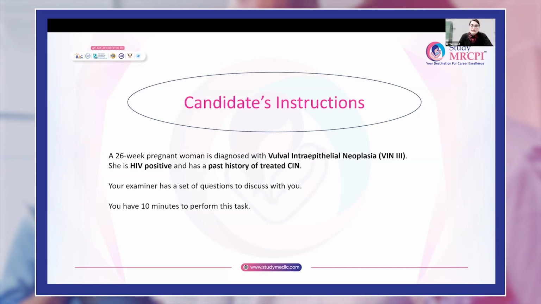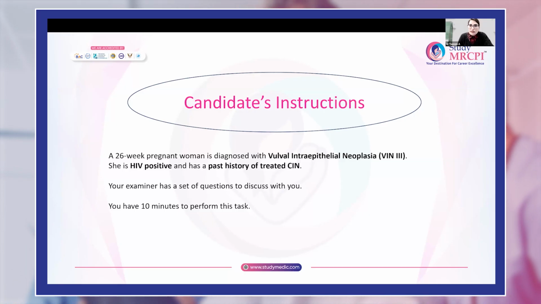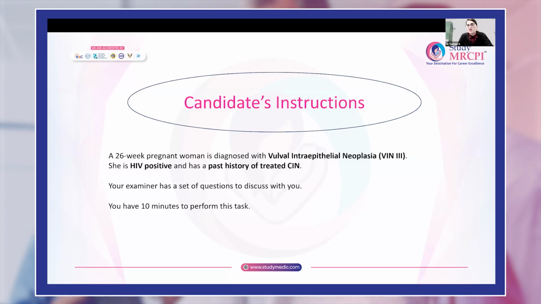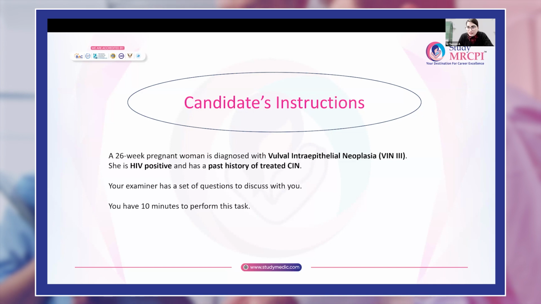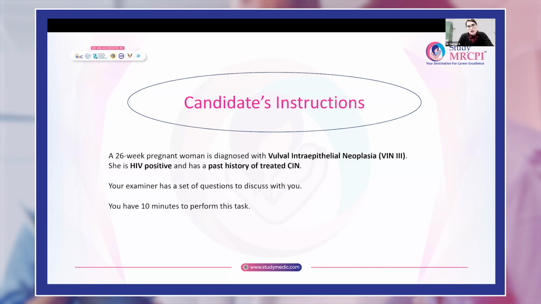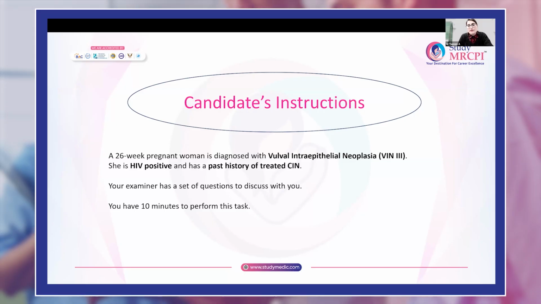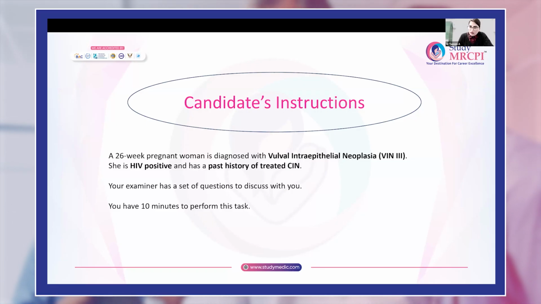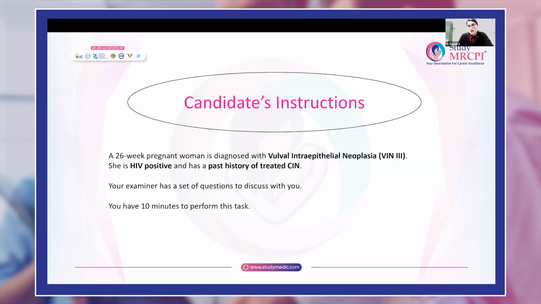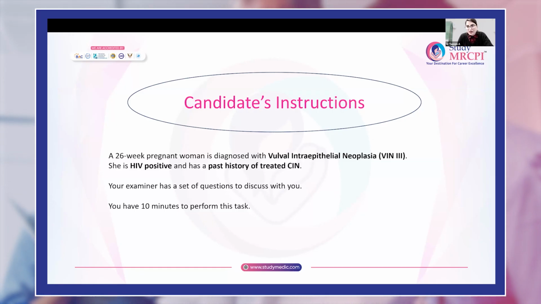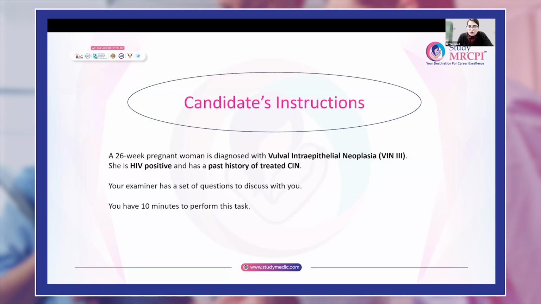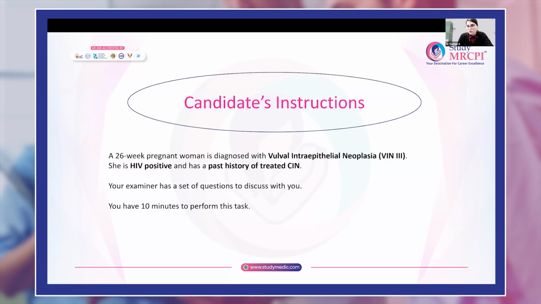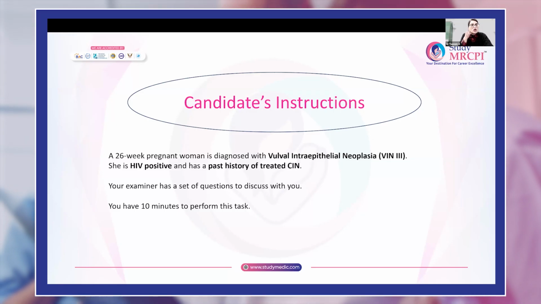After this, as she is pregnant, if the vulval lesion is static and not growing, and there is no evidence of invasion, conservative management is advisable in this case. For conservative management, first of all we advise her general lifestyle measures and personal hygiene: to keep the area clean, to use emollients, to keep the area dry, to avoid any irritation, and to use breathable cotton undergarments so that they do not cause any irritation.